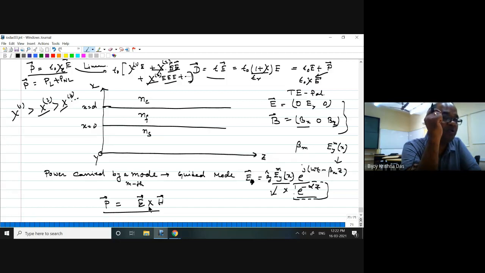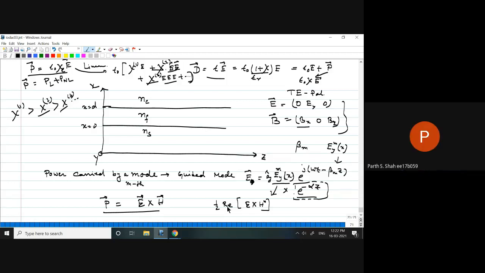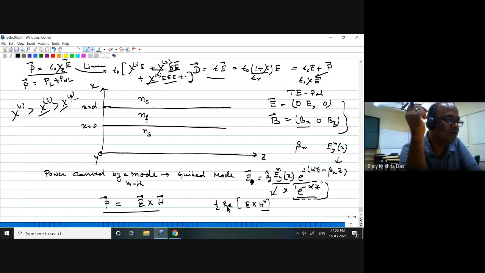Sometimes people use E cross H star, and something else also they add: half the real part of E cross H star. That is the power flow, normally considered in some textbooks.